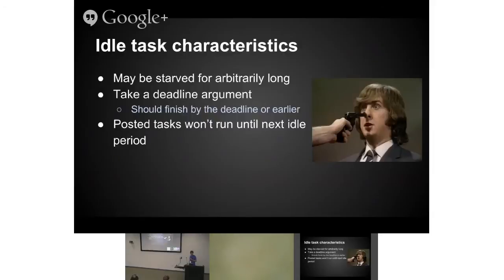And for these idle tasks, the contract is a little bit special, because we don't know for a fact that there is ever going to be idle time, so you might actually end up starving these for infinitely long.